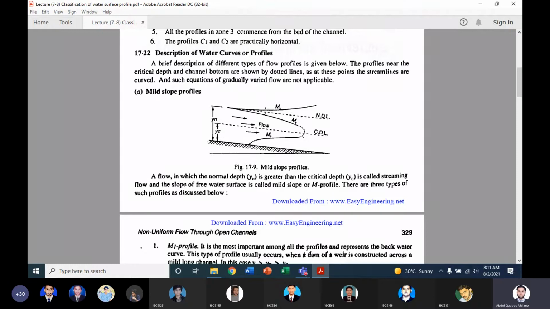Zone 2 is the space between both the lines, the normal depth line and the critical depth line. And zone 3 is the space below both the lines. The space below both of these lines is going to be termed zone 3.